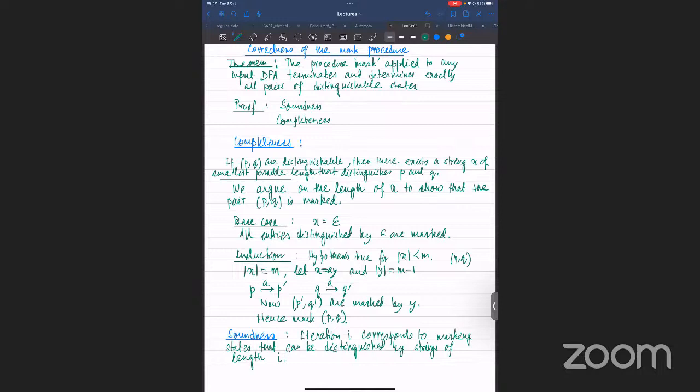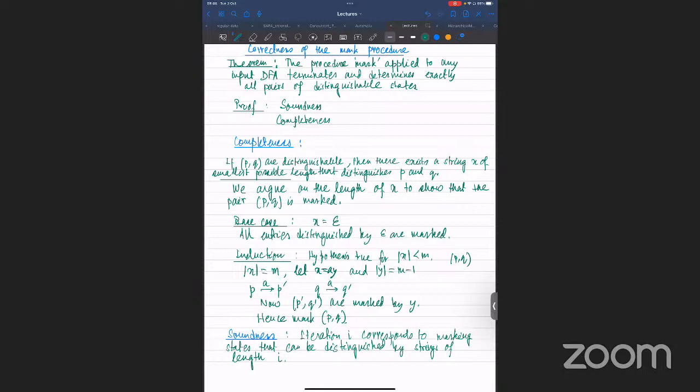So at iteration 0, you are marking all pairs of states which are, sorry, what did I say? I said, if you are marking a pair of states p comma q, then they are distinguishable, right?